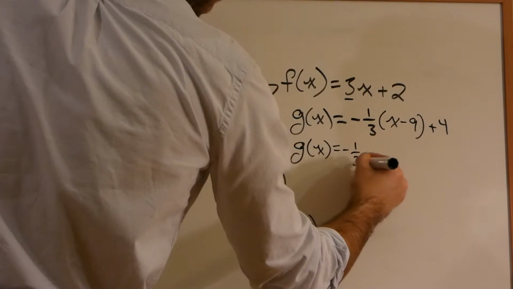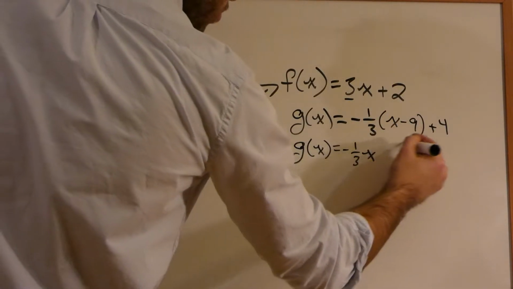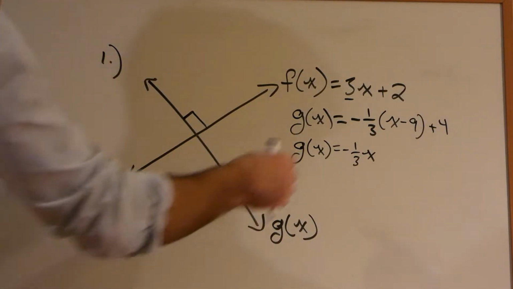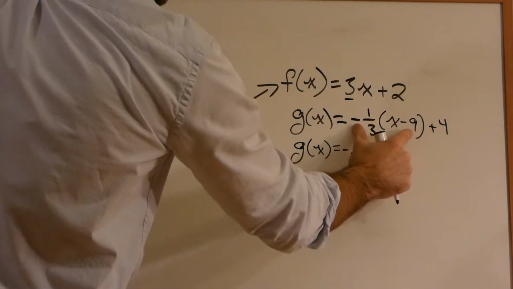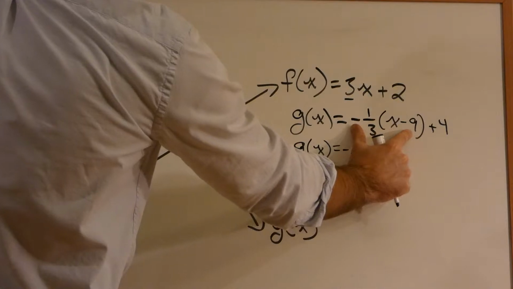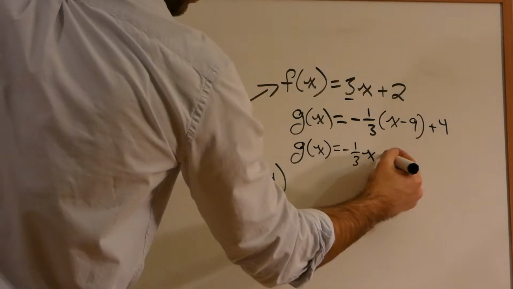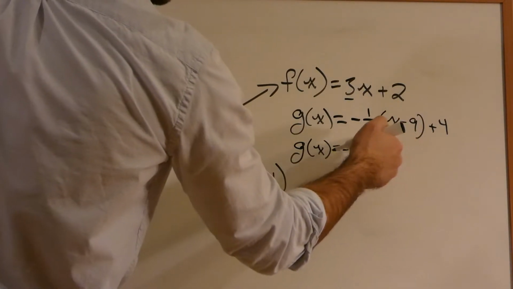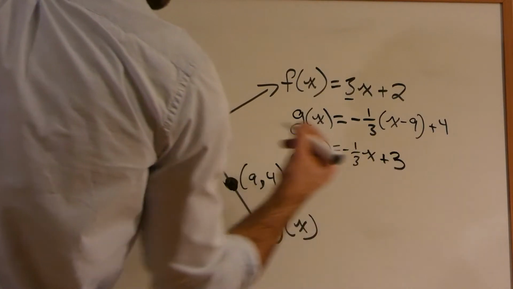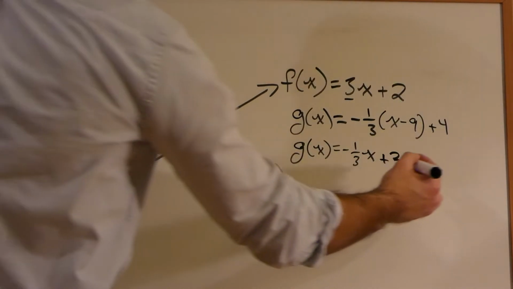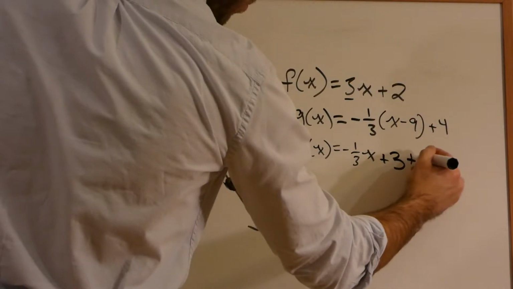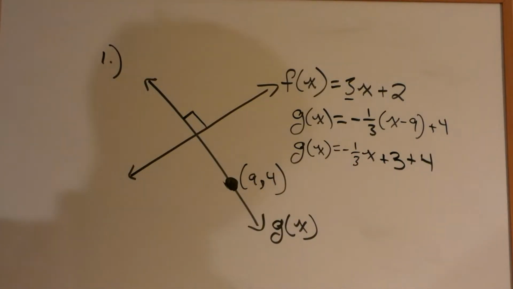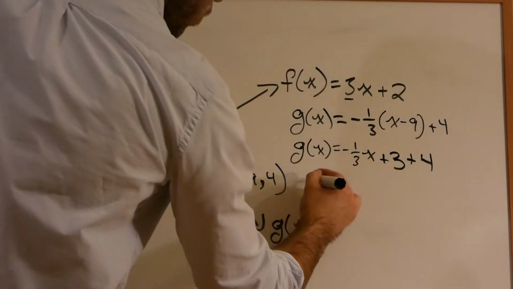So you get negative 1/3 x. Don't forget to distribute it to the negative 9. So we're going negative 1/3 times negative 9. Two negatives yield a positive number, so we get a positive. 9 divided by 3 is just 3. So we're at plus 3. And then don't forget that plus 4 right there.